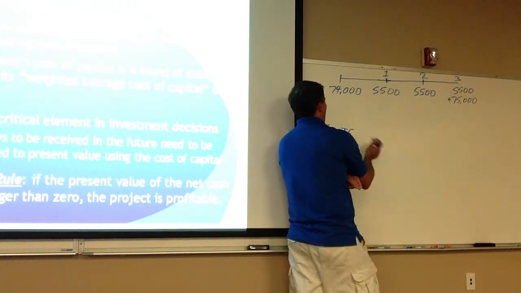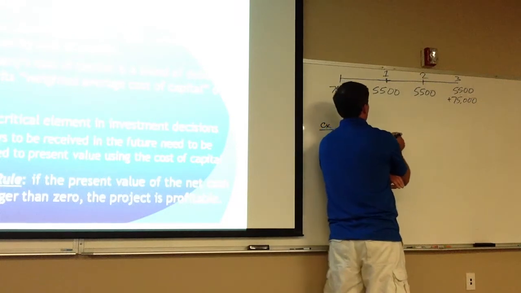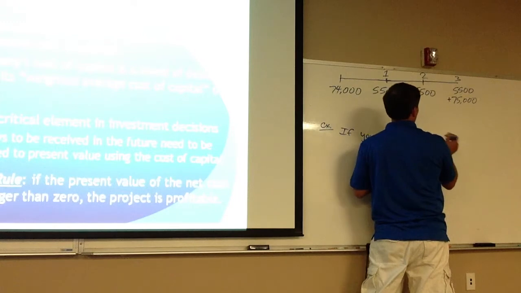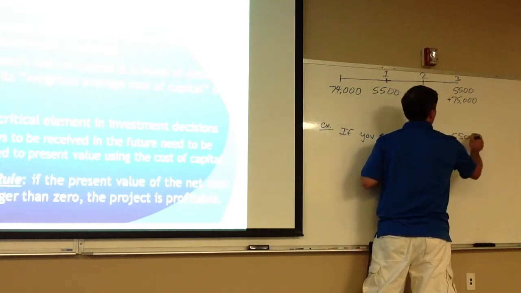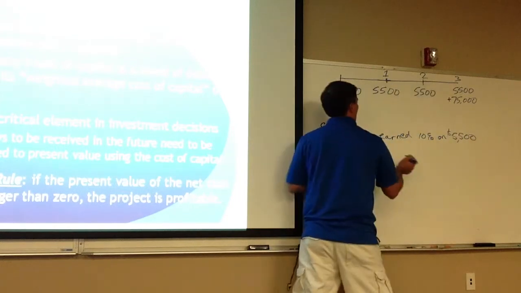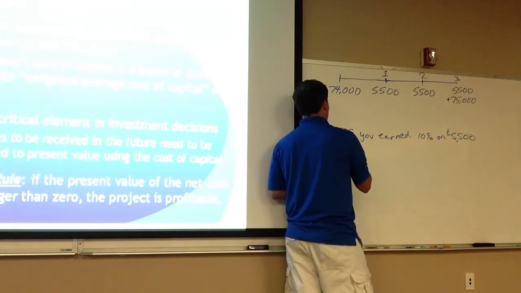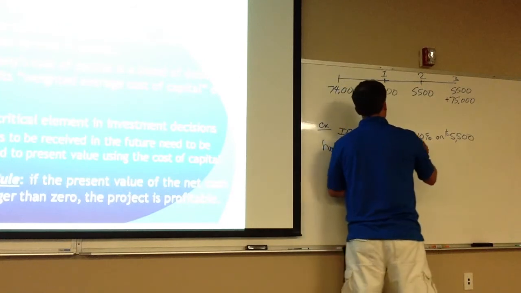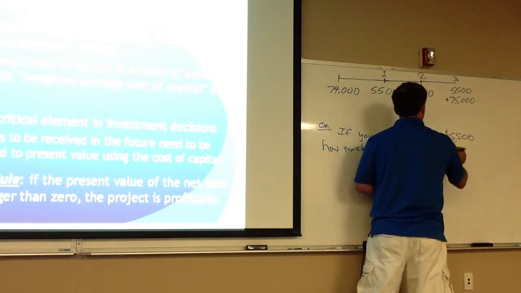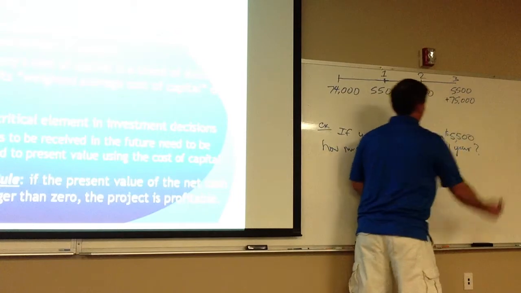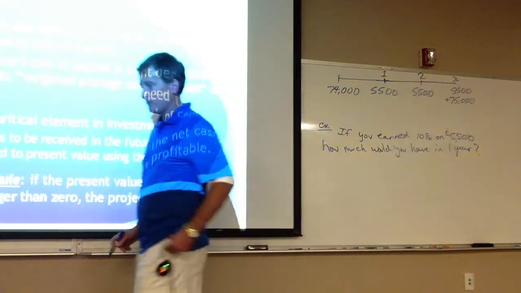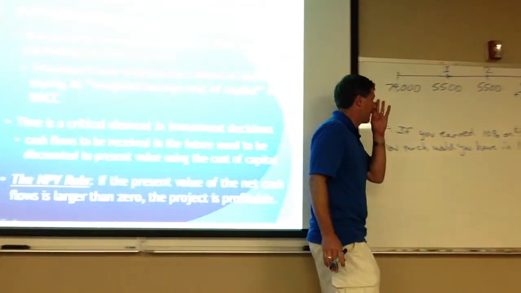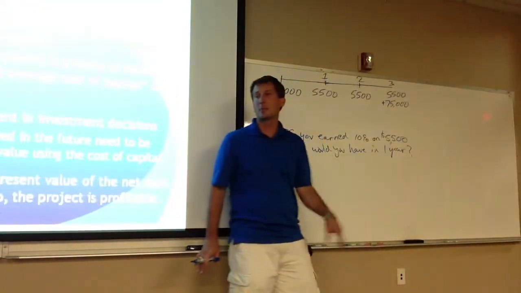If you earned 10% on $5,500, how much would you have in 1 year? And by the way, you'd still have your $5,500. So I'm kind of thinking of a side example here. This is just a cash investment.